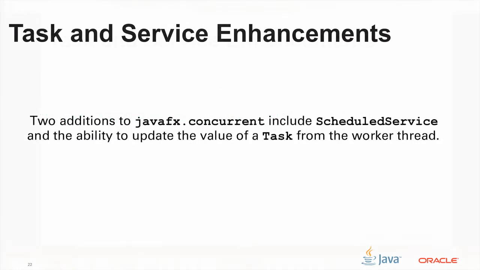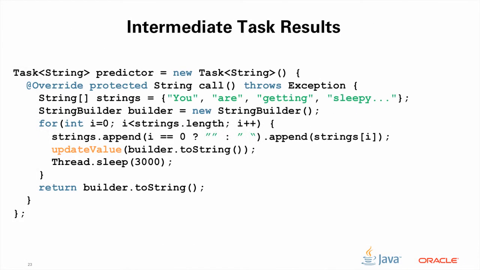Also, there are some task and service enhancements. Tasks allow you to do some things concurrently, and services then manage several tasks. For example, we can now provide intermediate task results while the task is occurring by using something called update value.